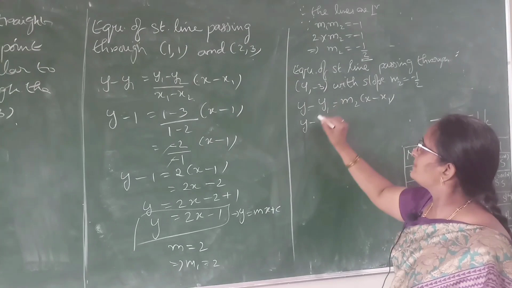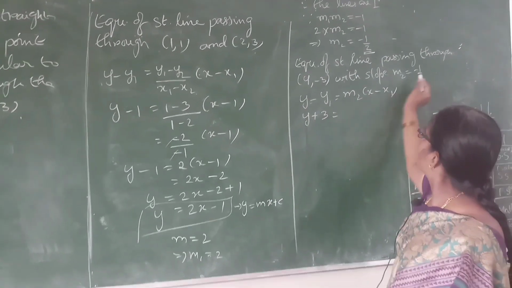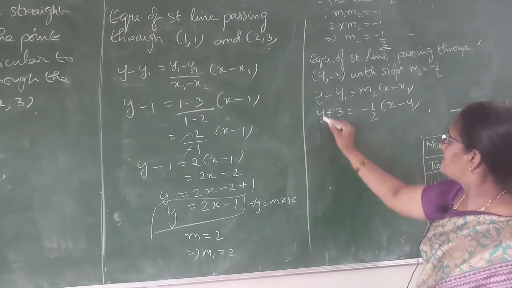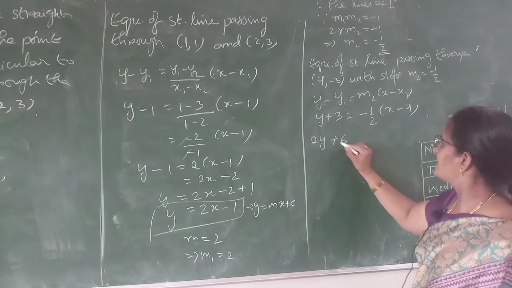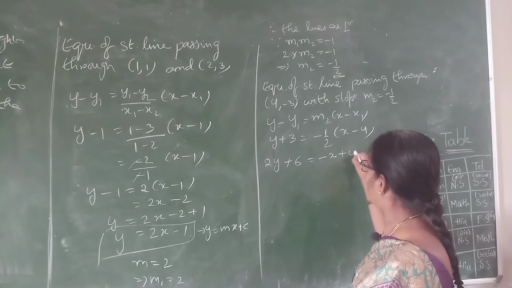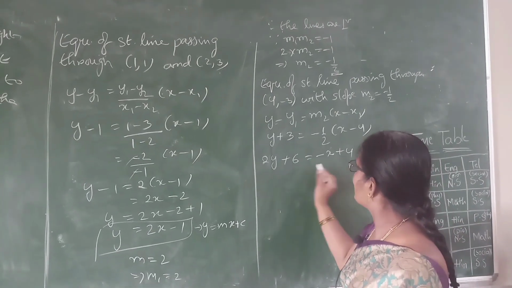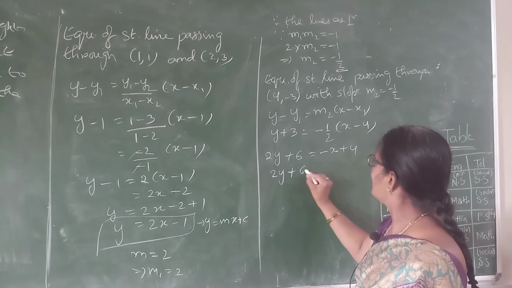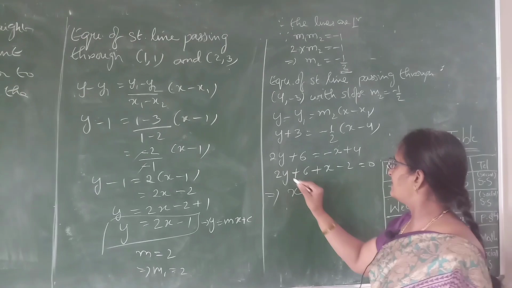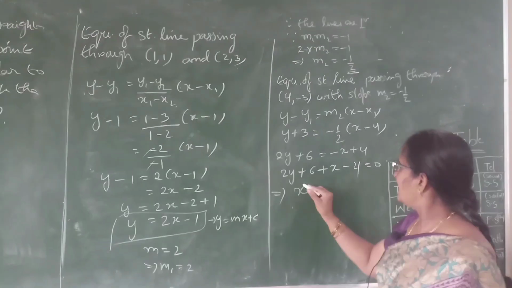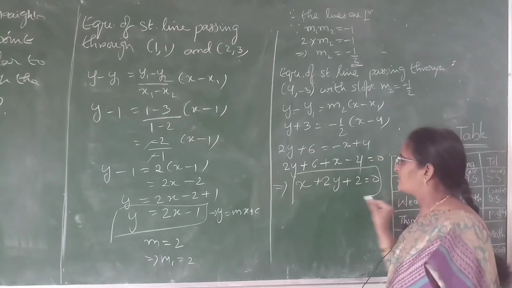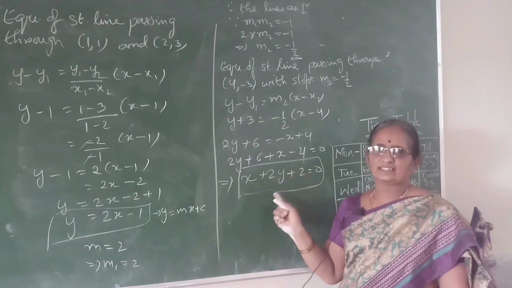That is y minus of minus 3, y plus 3, equal to m2, minus 1 by 2, into x minus 4. Now cross multiply this. So 2y plus 6 is equal to minus of x minus 4, that is minus x plus 4. Then bring all this to this side. So 2y plus 6 plus x minus 4 equal to 0, which can be written as x plus 2y plus 2 equal to 0. So this is the equation of the straight line.